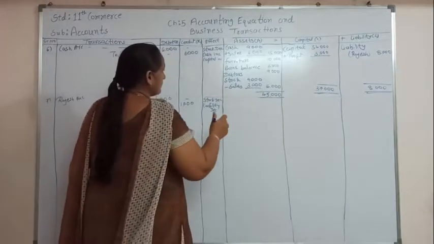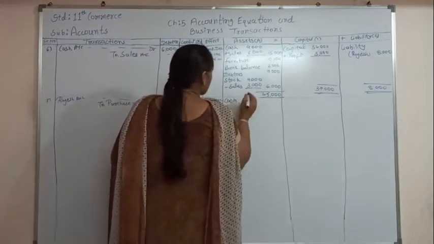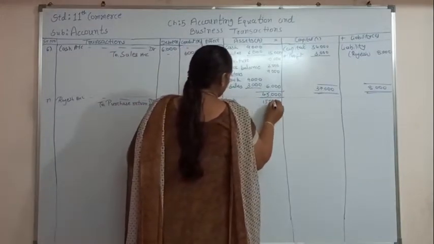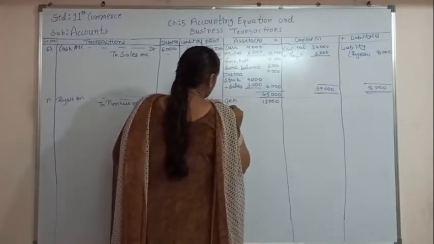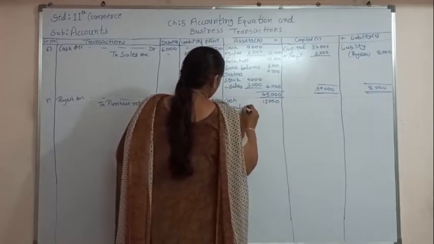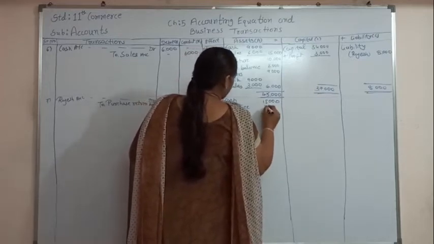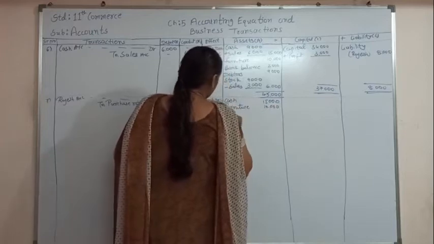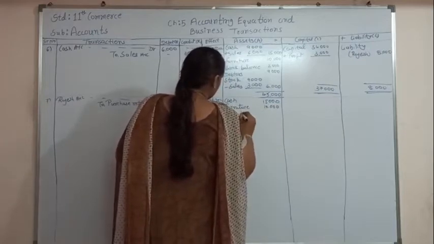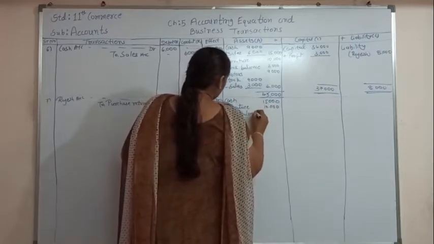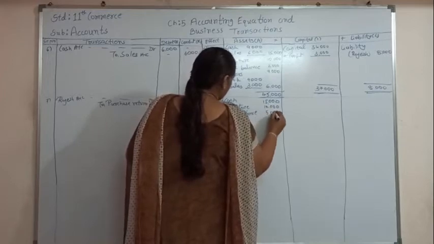And here let's write: cash account will remain the same, 15,000. Furniture will be the same, 10,000. Then bank balance will be 5,000.